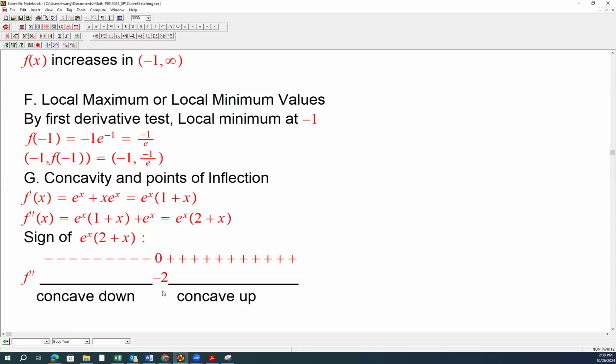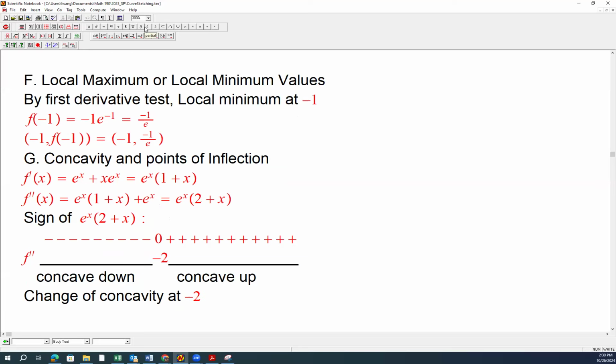So at -2, there's a change of concavity. Therefore, the inflection point is at x equals -2, but when x equals -2, what does f of x equal?